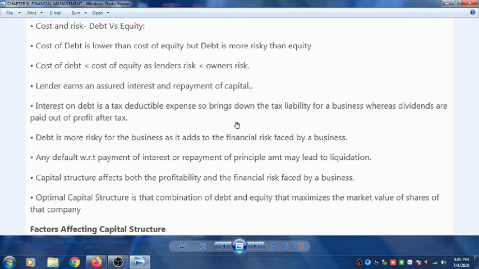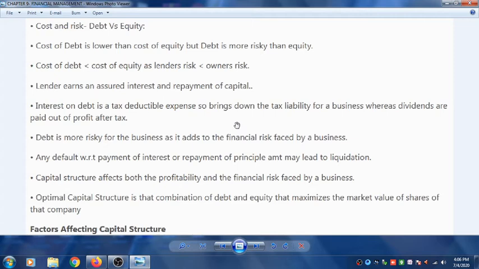Interest on debt is tax deductible expenses, so brings down the tax liability for the business, whereas dividend are paid out of profit after tax. So interest on debt is tax deductible. Whatever interest is paid on the debt is tax deductible expenses, and as a result it brings down the tax liability for the business, whereas dividend are paid out of profit after tax. So dividend is paid out of profit after tax.